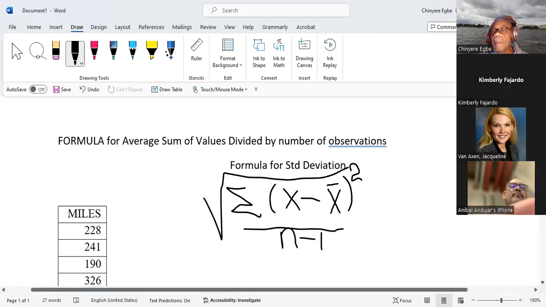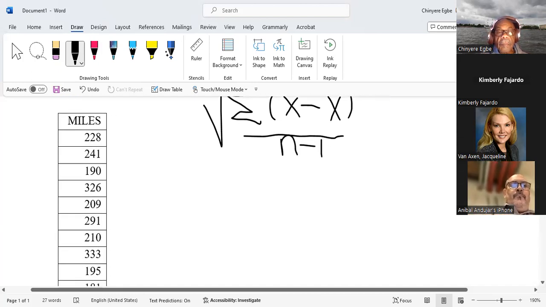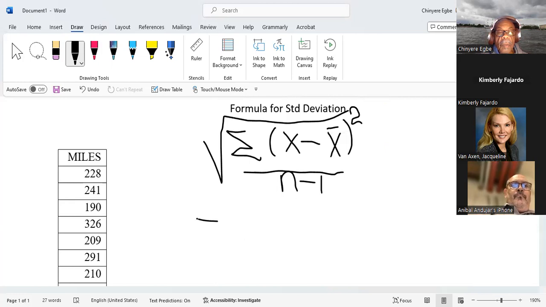Some people will write for the population standard deviation, we use the sum of the squared deviations, X minus mu.